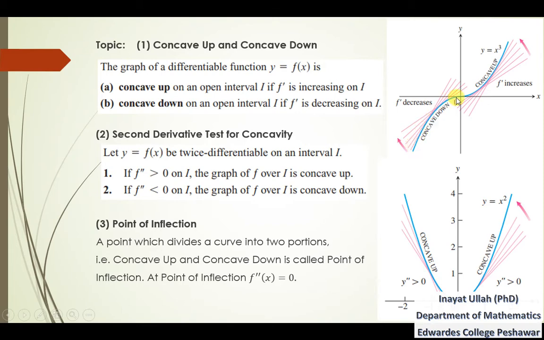At the point of inflection, the second derivative will be equal to 0. So whenever you check whether the function is concave up or concave down, and whenever you want to find the point of inflection, all those rules will be followed, the second derivative rule.